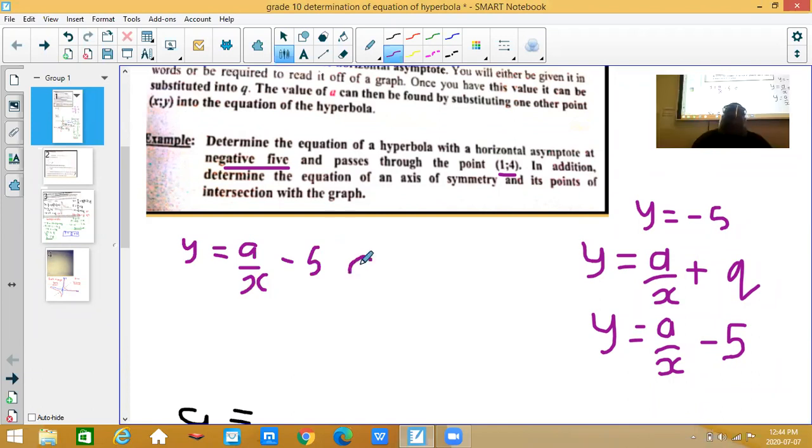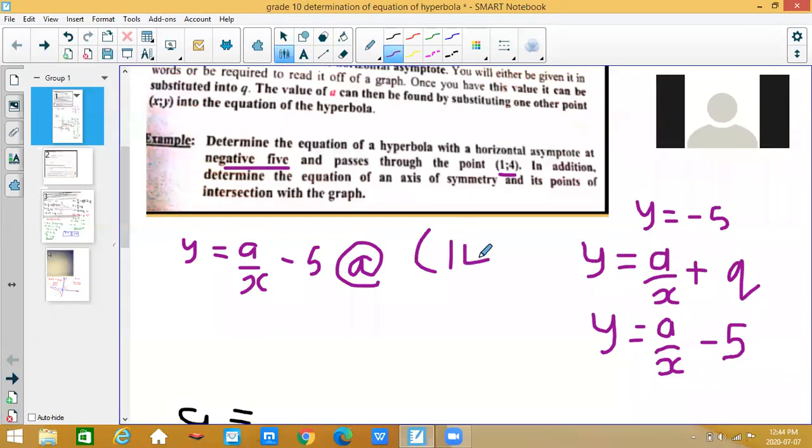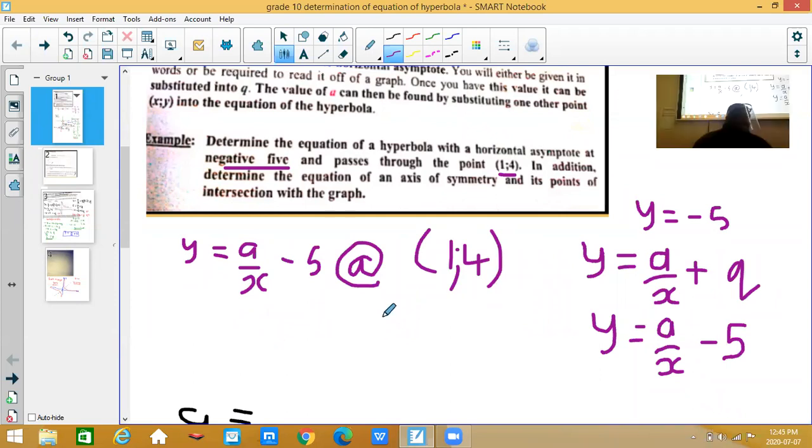At which point are we dealing with this one? At point (1, 4). This is the point which lies on this equation. Are you still following? Any more questions there? Great.